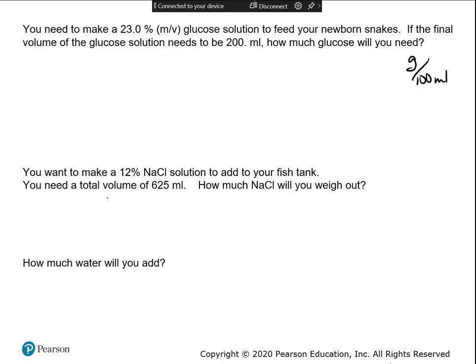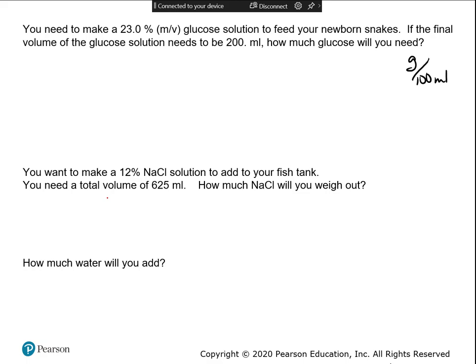So here's one. Again, it's concentration times volume. It says you want to make a 23.0% glucose solution to feed your newborn snakes. If the final volume of the glucose solution needs to be exactly 200 milliliters, because it's 200 with a decimal place, how much glucose will you need?